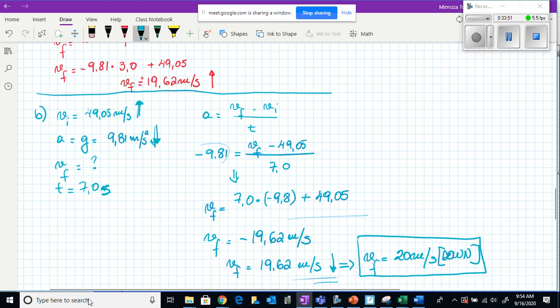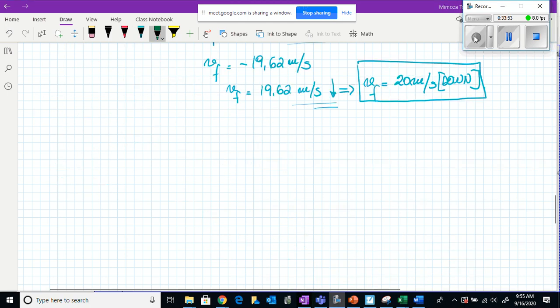Any questions on this? Okay, so let's move to the third part of the question. It is asking: how long does it take to reach its maximum height? We talked about this even yesterday in the class.